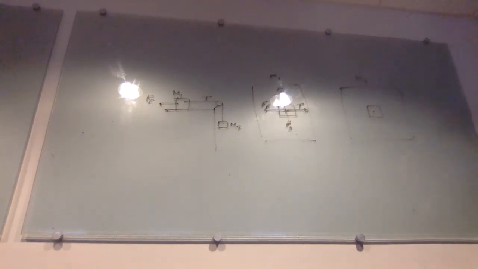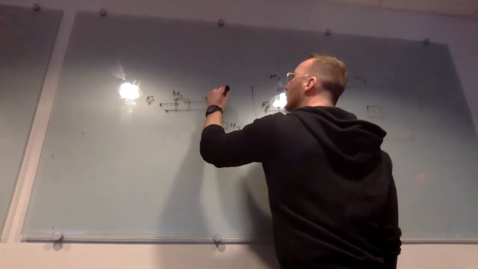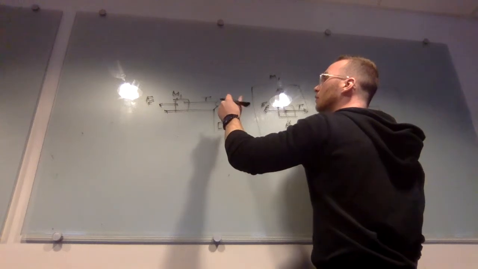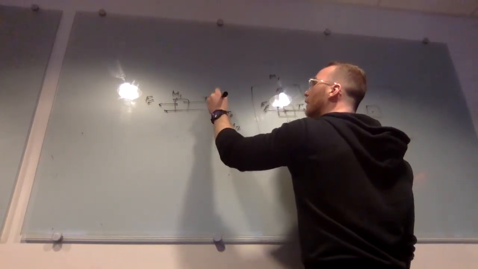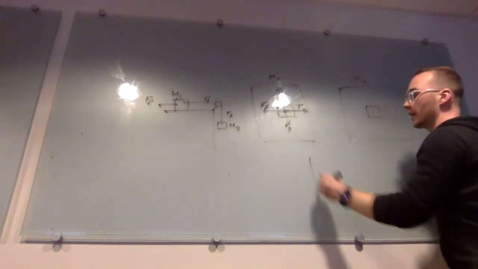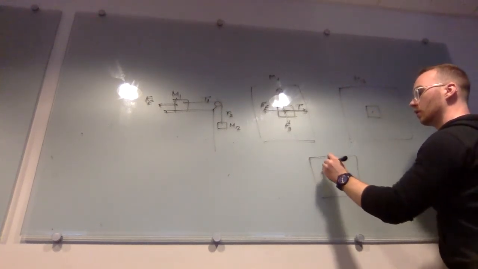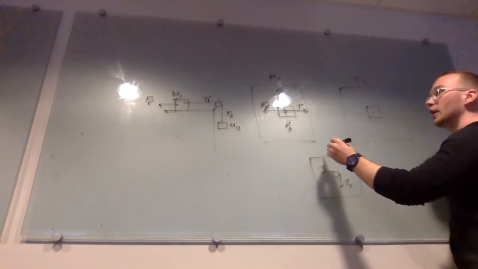He's also thrown in that the pulley has mass. That's a good one. So there's two different tensions, T1 and T2. So we have another free body diagram for the pulley. This is the free body diagram for the pulley.